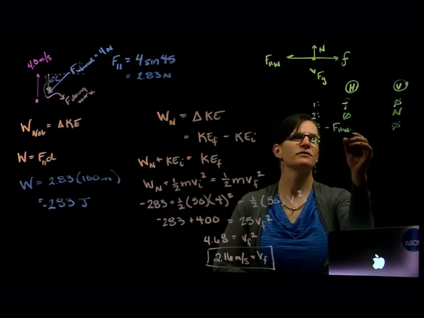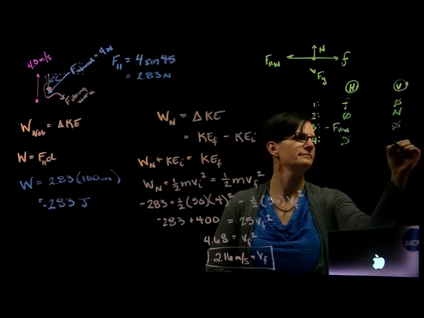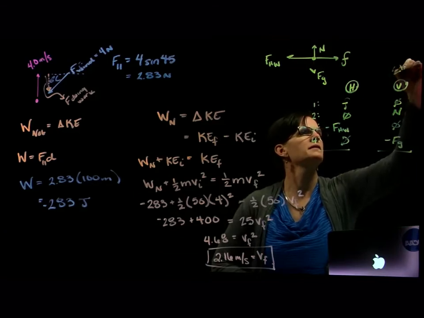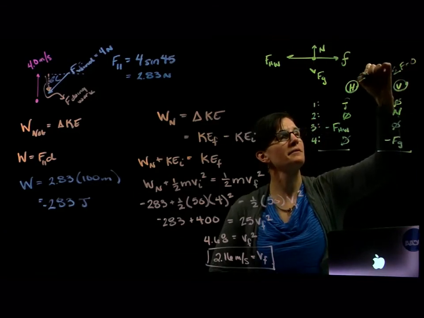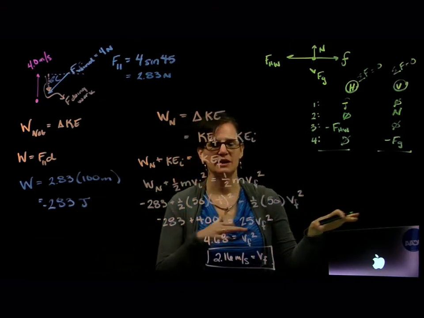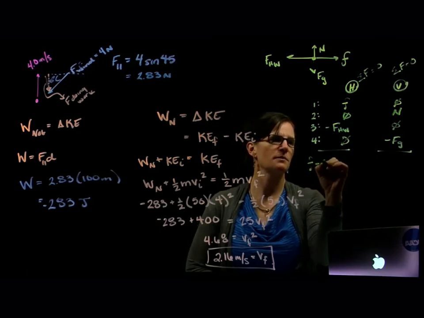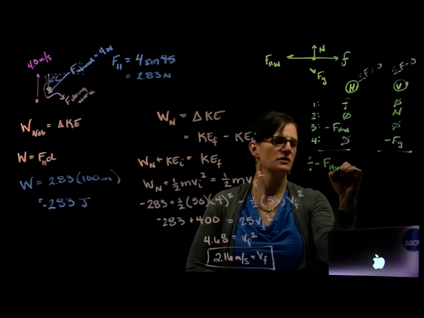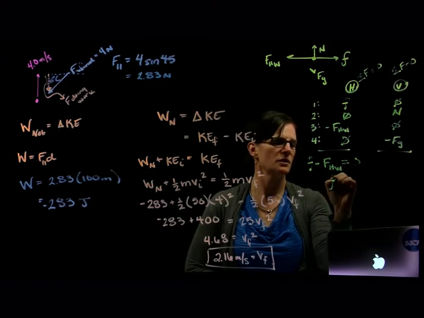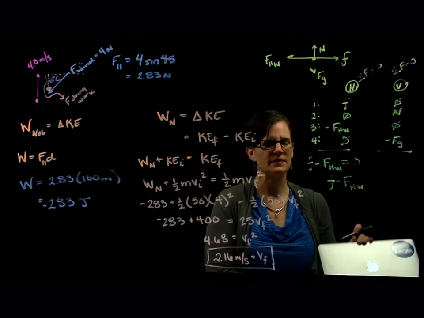And we have the force of gravity. The sum of these forces is equal to 0. We're not changing location in that right or left dimension. So we have the frictional force minus the horizontal component of the force of the wind is going to equal 0. So we know our frictional force is the horizontal component of the wind.